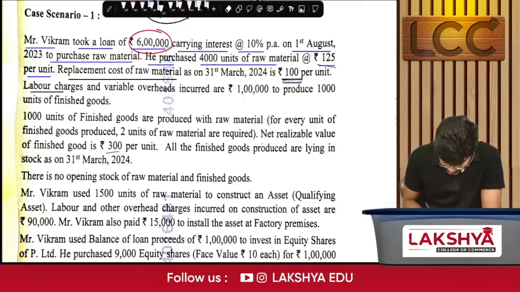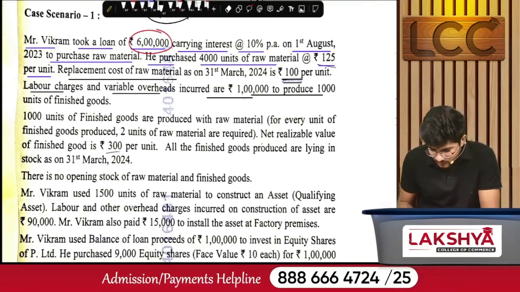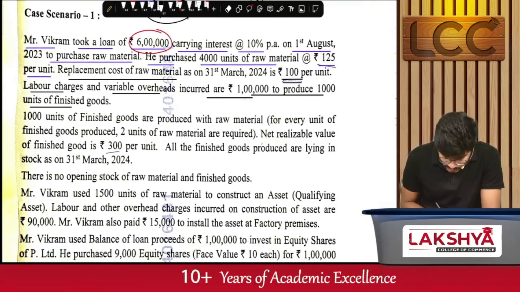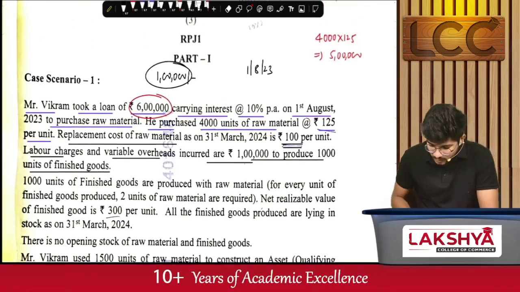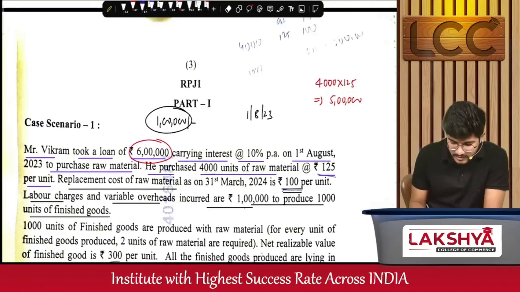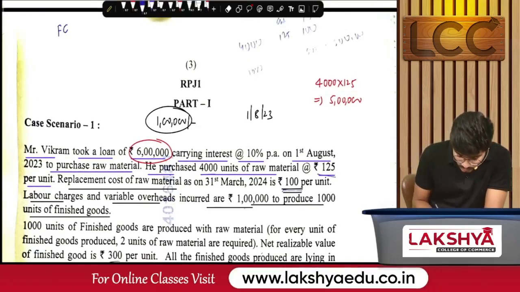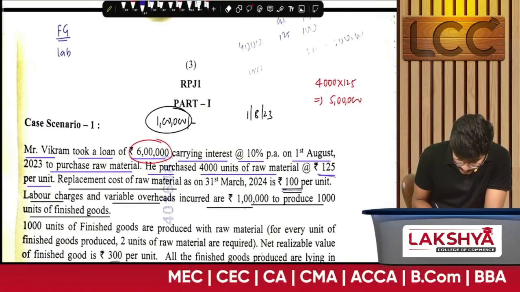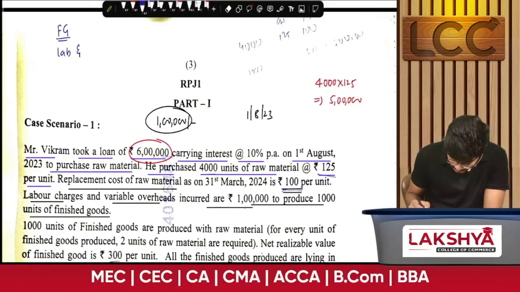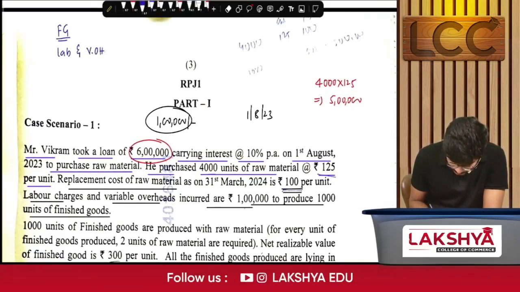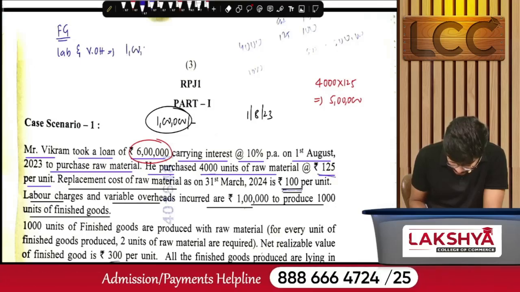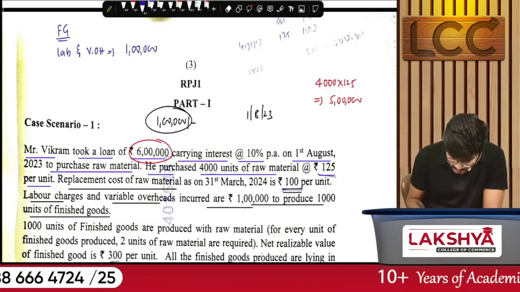Labor charges and variable overhead incurred are 1 lakh to produce 1000 units of finished goods. All these are given information.